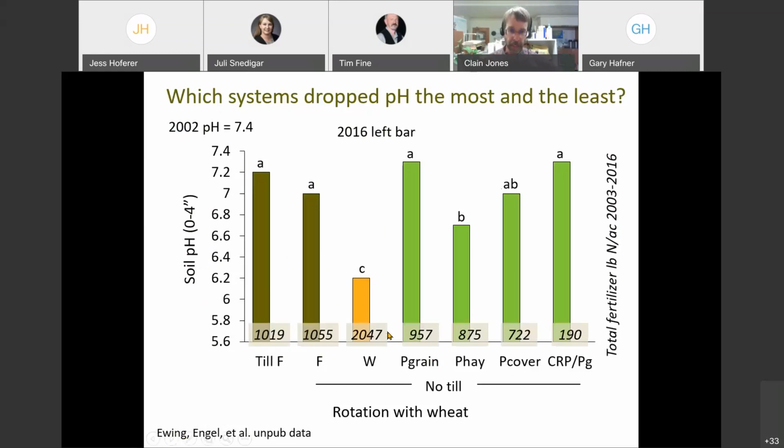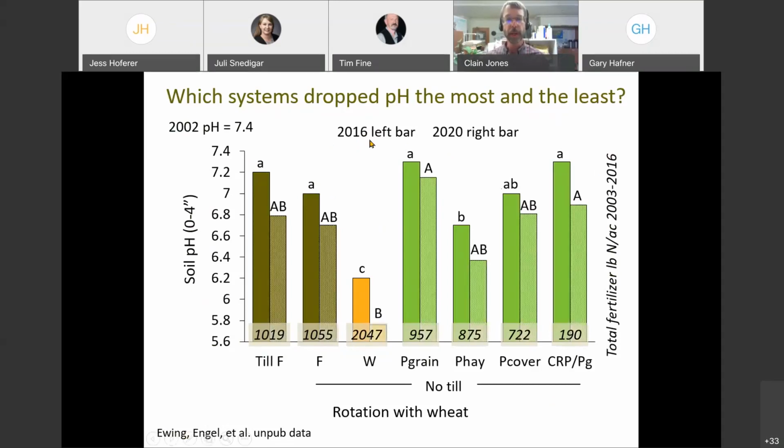The amount of nitrogen that was applied in these systems is shown in the lower part of these bars. So the wheat system over 14 years had a lot of nitrogen applied, 2,000 pounds of nitrogen per acre. These higher pH systems, like the fallow systems, the pea grown for grain, the CRP system, notice they had substantially lower amounts of nitrogen applied.